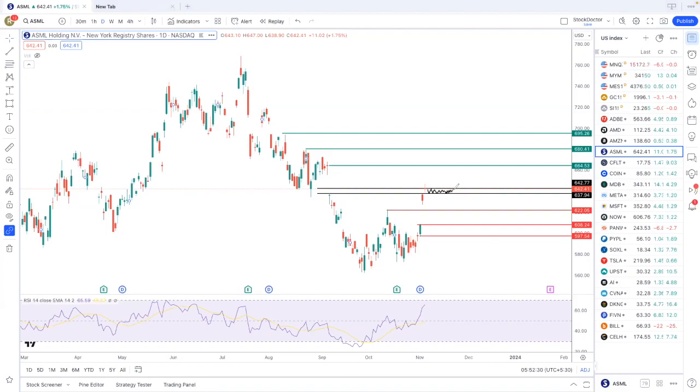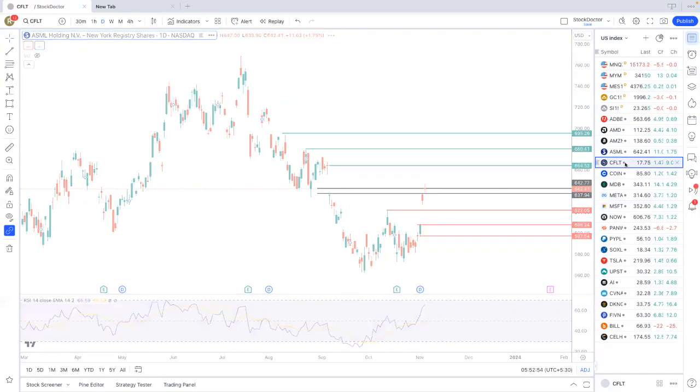If it manages to stay above that, then 664, 680, and 695 are the upside targets. If it doesn't stay above this area and starts going down, then 622, 608, and 597 are the three downside targets for ASML.